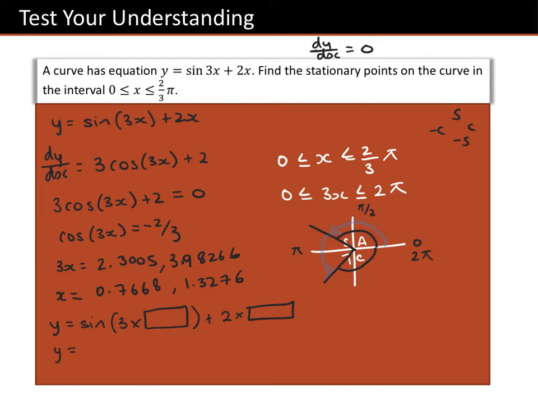For my first one, I'm going to get y equals 2.279, and when I substitute in my second value, I get y equals 1.91. So what I'm going to do now to finish off the question is write this as a set of coordinates. 0.7668 and 2.279, and then my second coordinate is 1.3276 and 1.91. Perfect.